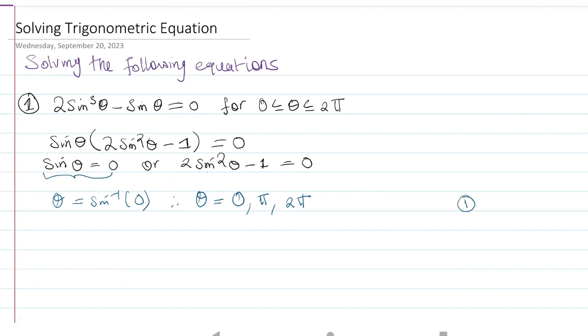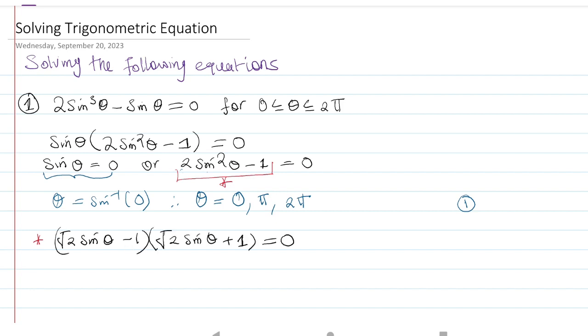Okay. Now we have 2 sine squared theta minus 1 is equal to 0. So we can factorize this by using the difference of two squares. I call this star, so we can write star as the square root of 2 sine theta minus 1 times the square root of 2 sine theta plus 1.